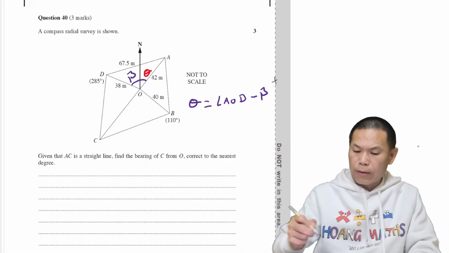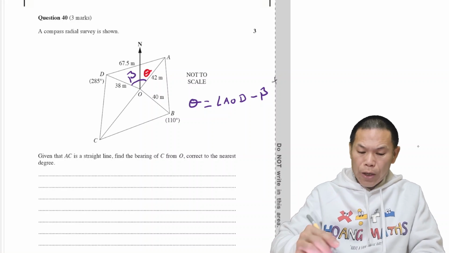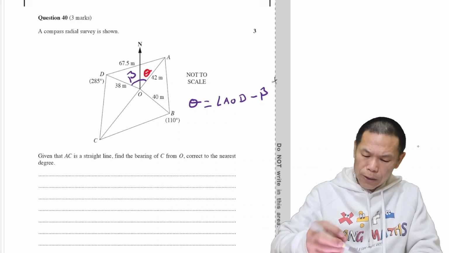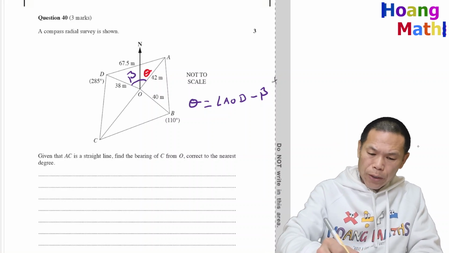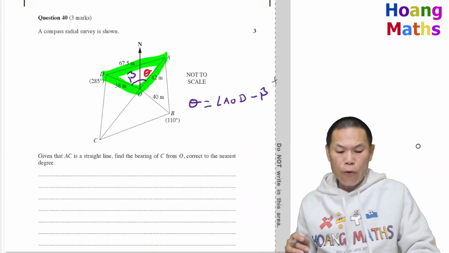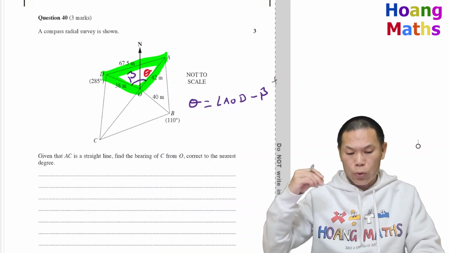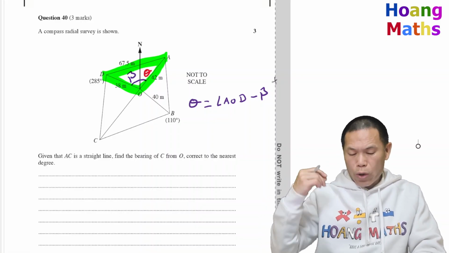That gives us angle theta. So let's work out AOD first. AOD is a non-right-angled triangle here, so we just use the cosine rule to work out angle AOD, and then we work out from there.